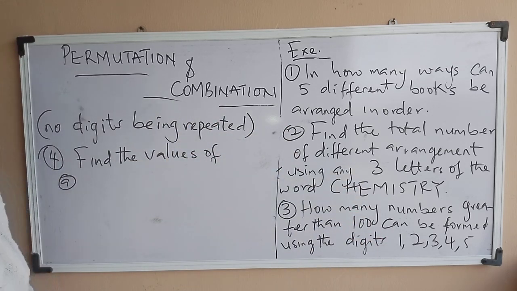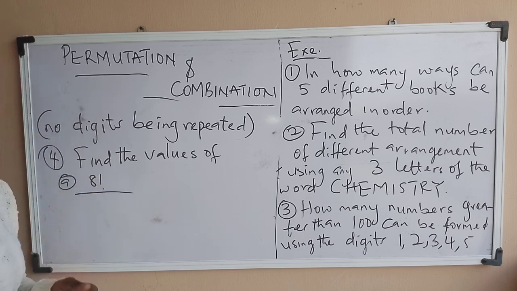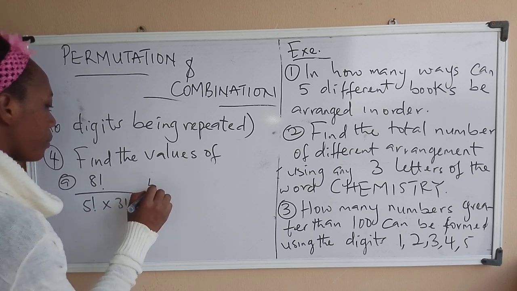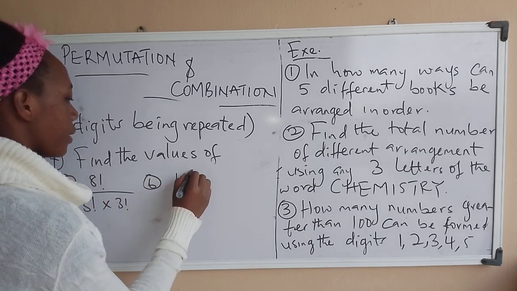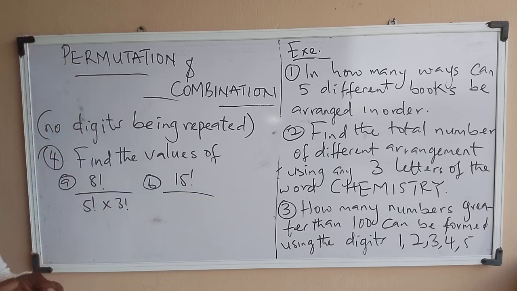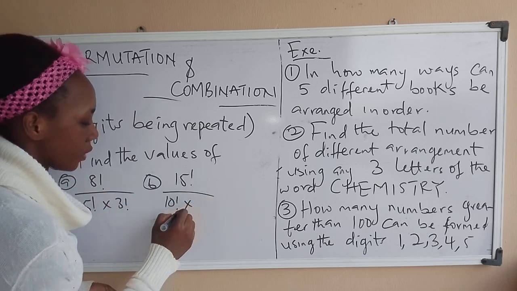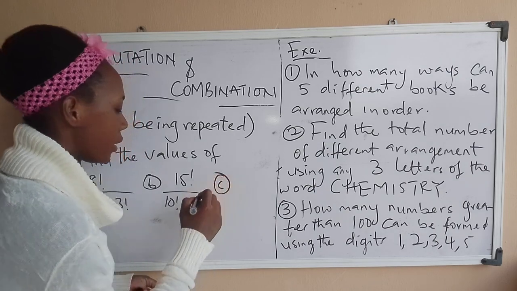Okay, so 8 factorial over 5 factorial times 3 factorial. B, 15 factorial all over 10 factorial times 5 factorial.